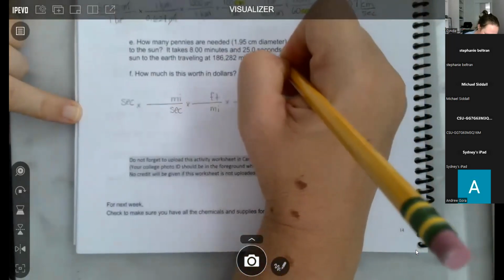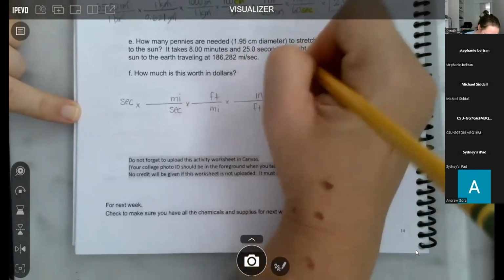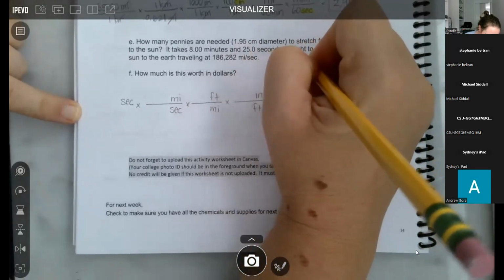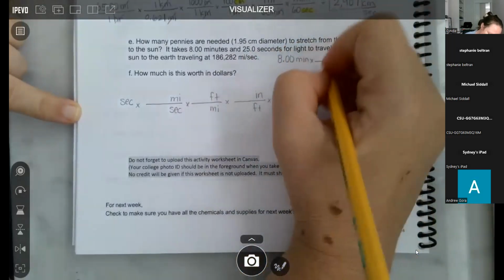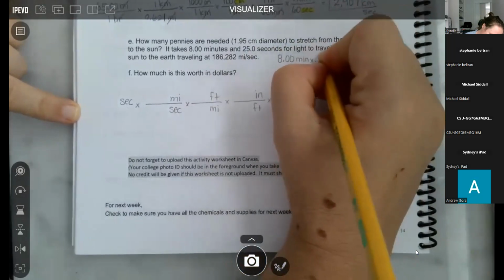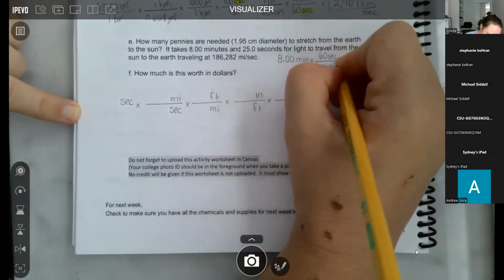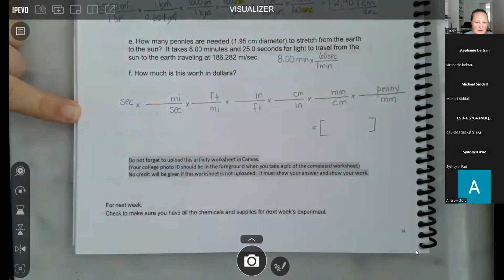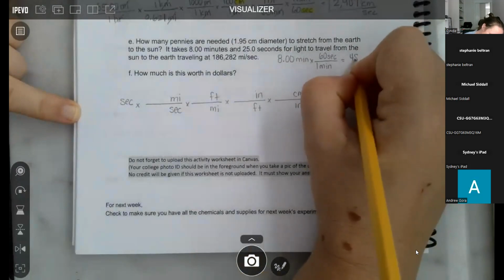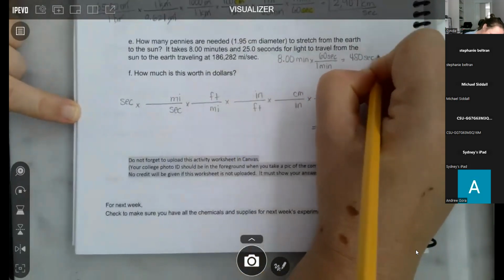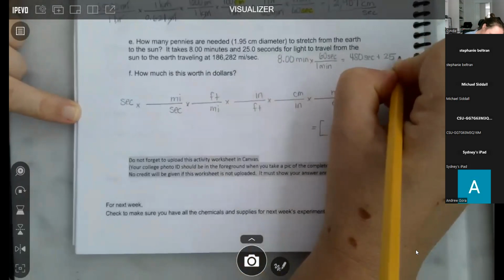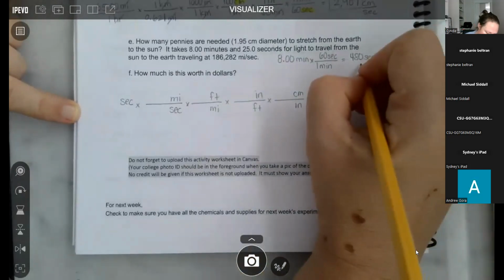As an extra little conversion, we can do 8.00 minutes, and we know that in 1 minute there are exactly 60 seconds, so it doesn't limit the significant figures. That gives me 480 seconds, plus my extra 25 seconds, 25.0.